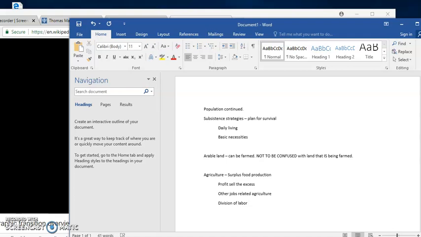A division of labor means the variety of tasks that need to be done to keep society moving forward, and there is a wide variety of tasks that need to be done in an agricultural subsistence strategy. But usually the division of labor in agriculture is somehow closely related to that food production.